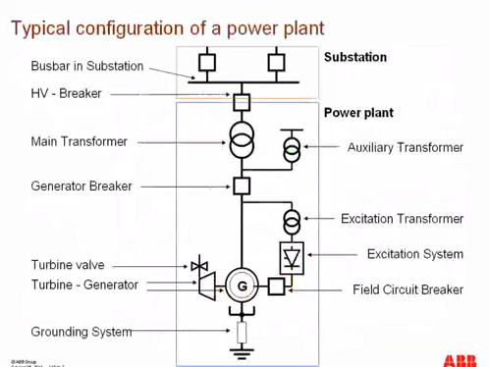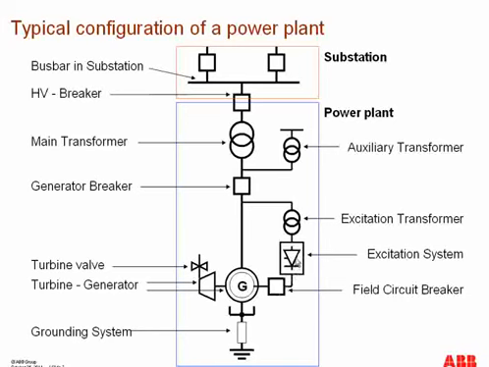Let's have a look at the typical configuration. It's another way of showing how this equipment is connected to each other. If you can see, we will start from the bottom. This is the grounding system of the generator, and then we have the turbine and turbine valve. Then this is the synchronous machine, and then we have the field circuit breaker.